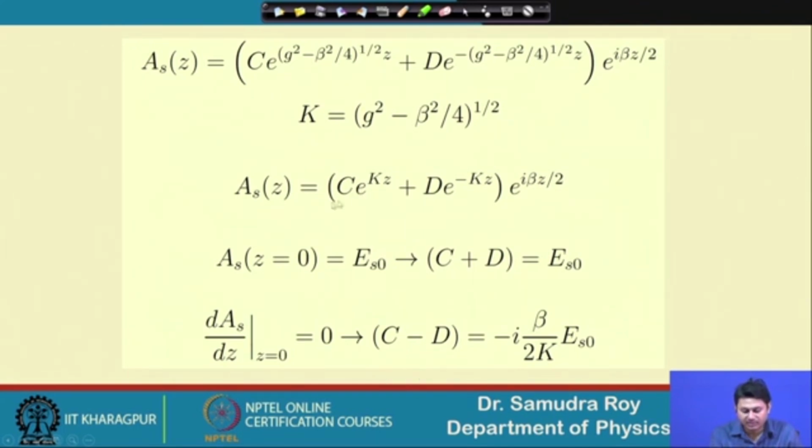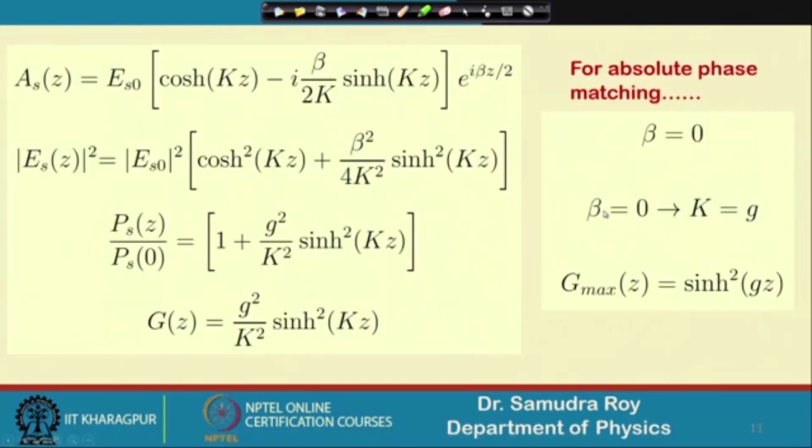So, I will put this here, and after putting that, if I manipulate slightly, then these two equations, the A's become this. So, this is the solution of the signal under 4-wave mixing.